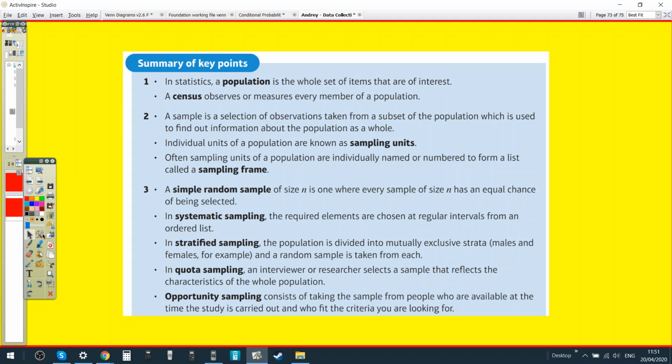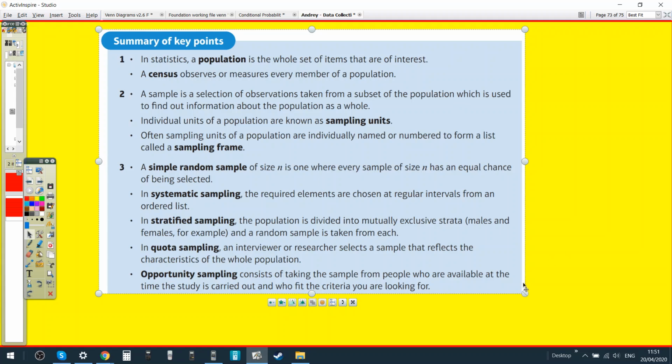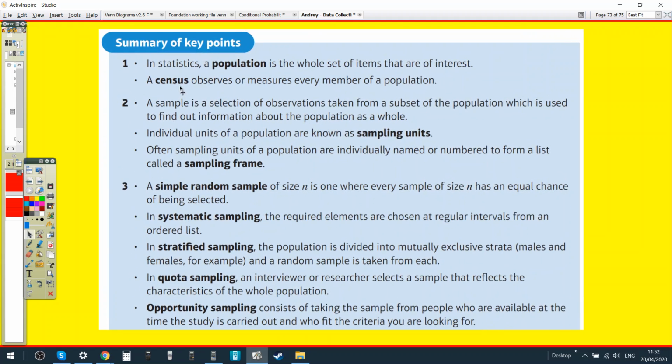Okay, let's see. Statistics. So population is everything. Census measures everyone and all of them. Individual units are sampling units. Sampling frame is like an ordered list of all the stuff, so that might be if you give each person a number.